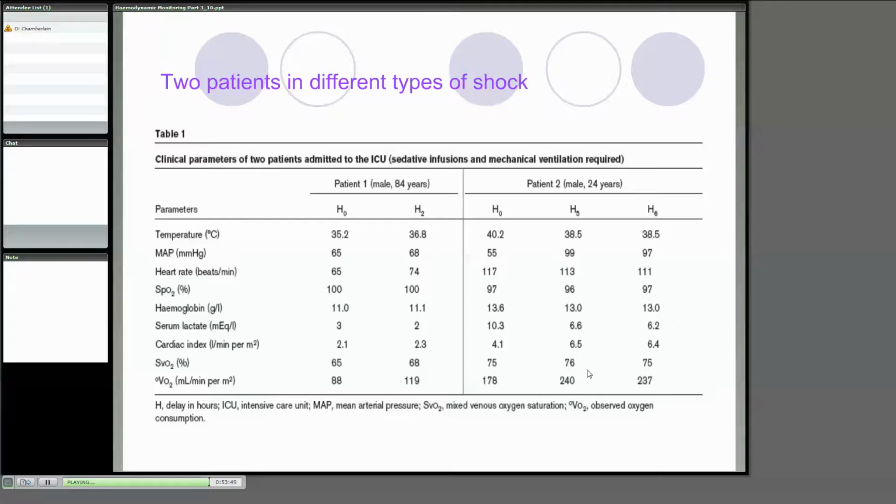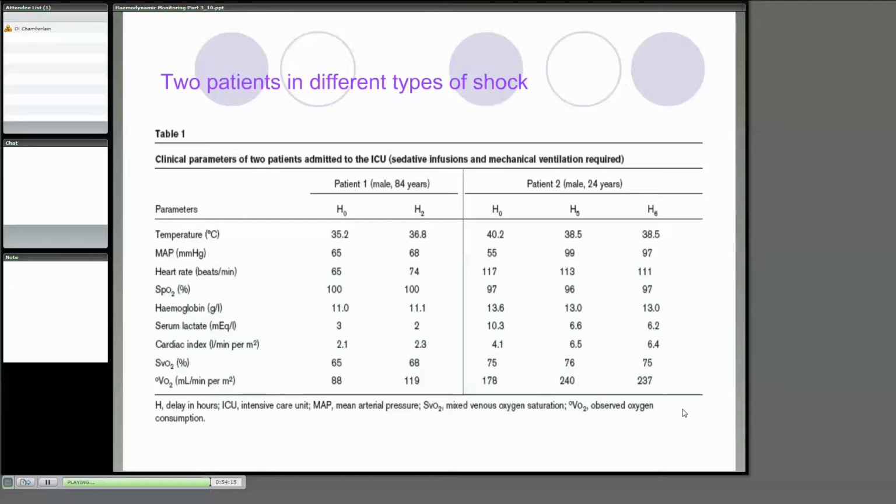Now the H0 is 0 hours, the H2 is 2 hours, and we have 5 and 6 hours, okay? Parameters: we've got temperature, mean arterial pressure, heart rate, SpO2, hemoglobin, your lactate, your cardiac index, your SvO2, and your oxygen consumption.